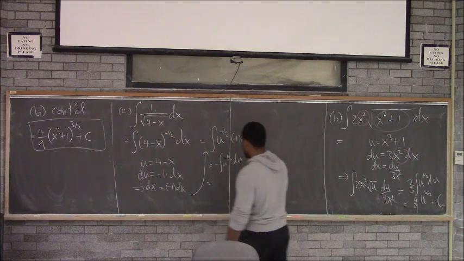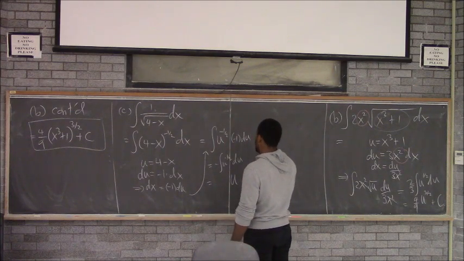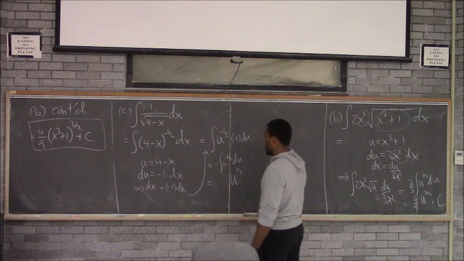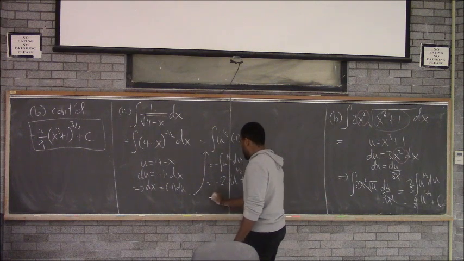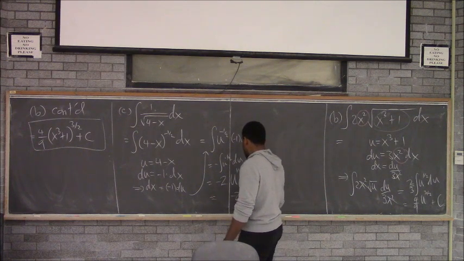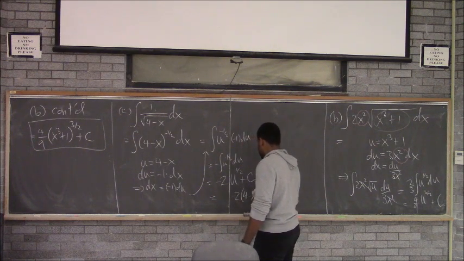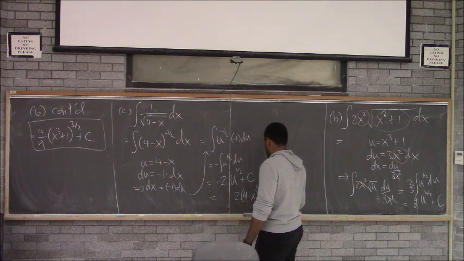And I can do the power rule. Add 1 to the power, you get 1/2, divide by the new power, you get 2, so that's minus 2 u plus c. So this is minus 2 times 4 minus x to the 1/2 plus c.